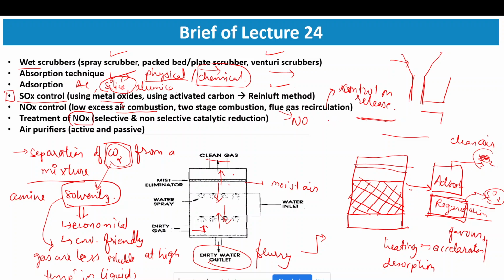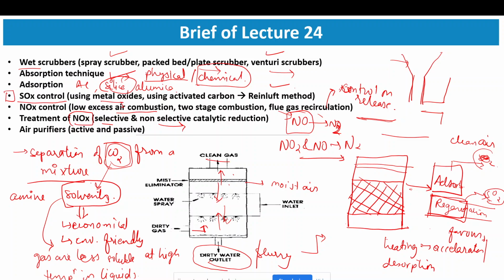For that, you provide a catalytic surface. On the catalytic surface, the reduction can happen, and you can have selective reduction where NO gets converted, and non-selective catalytic reduction where NO2 and NO both give the end product N2.